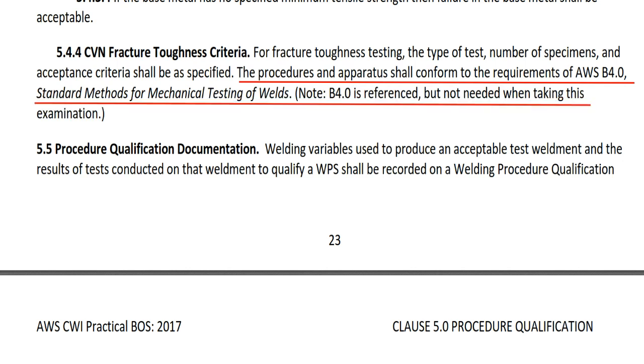Again, similar to tensile strength, the procedure and apparatus shall conform to the requirements of AWS B4.0, standard method for mechanical testing of welds. Note, B4.0 is referenced but not needed when taking this examination. So for the CWI Part B examination, this AWS B4.0 is not a requirement.